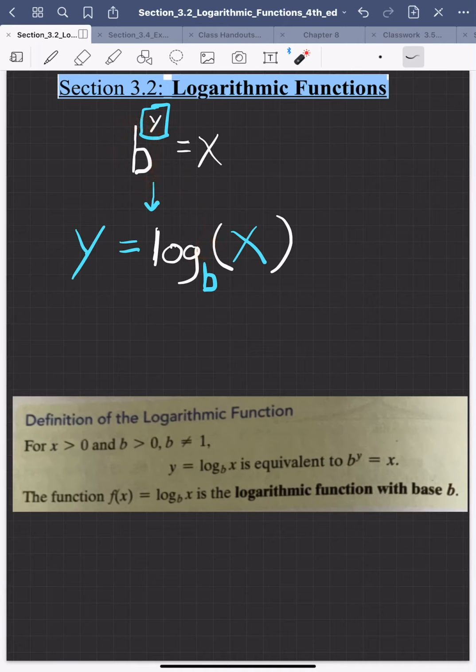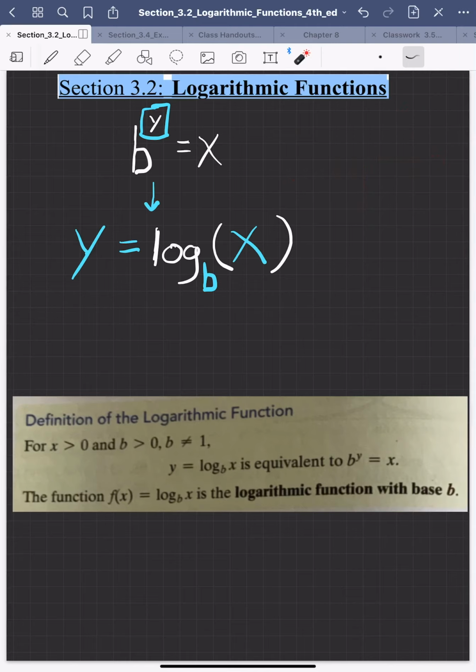Furthermore, we saw that those exponential functions were always above the x-axis, weren't they? You never saw it dip below the x-axis. In other words, your result was always a positive number.